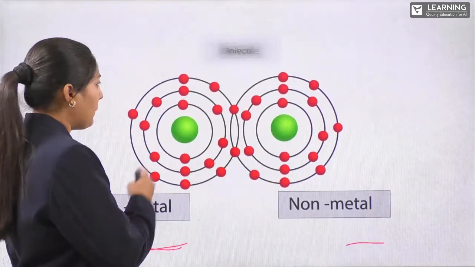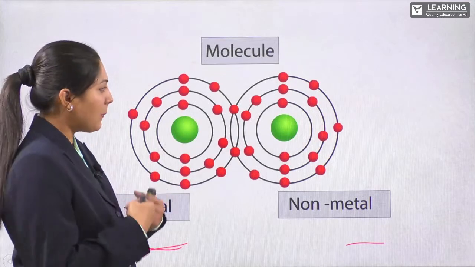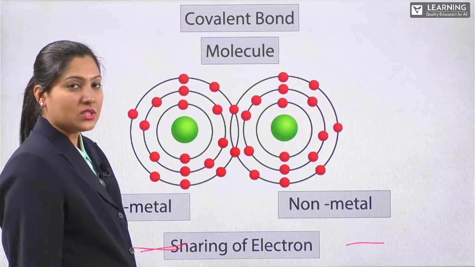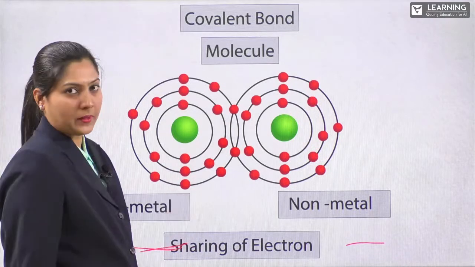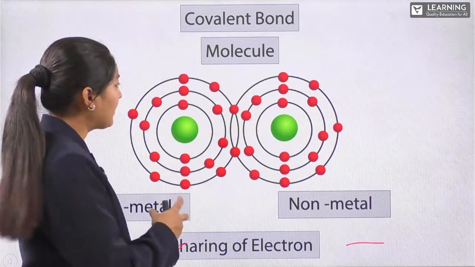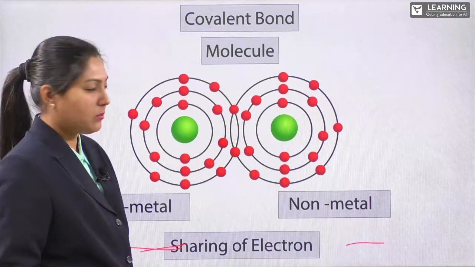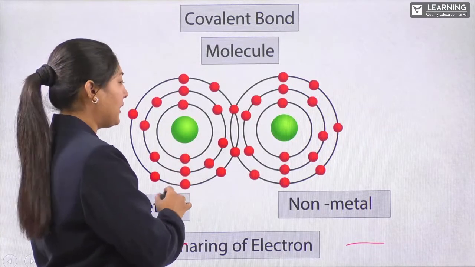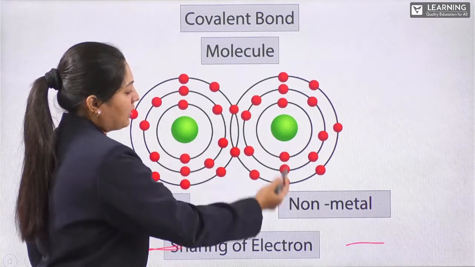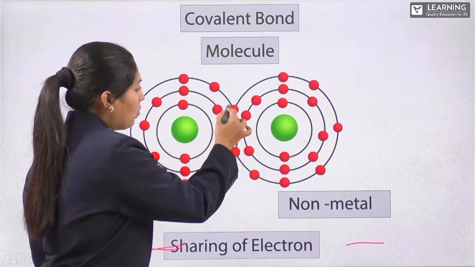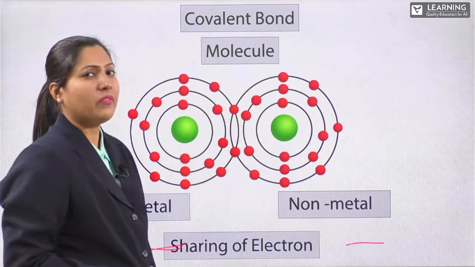If we see the non-metal and non-metal, when they combine together, they have the sharing of electrons, which we call a covalent bond. The donating of the electron comes as the ionic bond, whereas this is called a covalent bond. You can see that one non-metallic element atom on the other non-metallic atom will combine together with sharing of electrons.